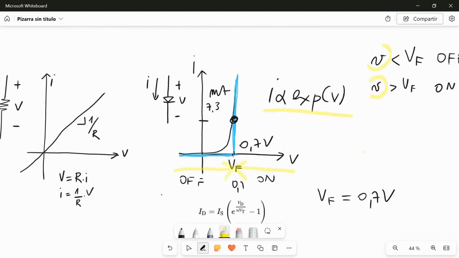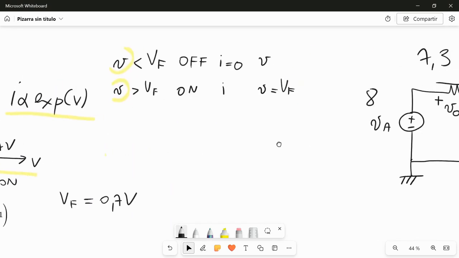Previously, when we were in this line here, we represented this fixed value VF by substituting the diode with a battery with value VF. Okay? So we will see this again later. For the moment, let's continue with the circuit.